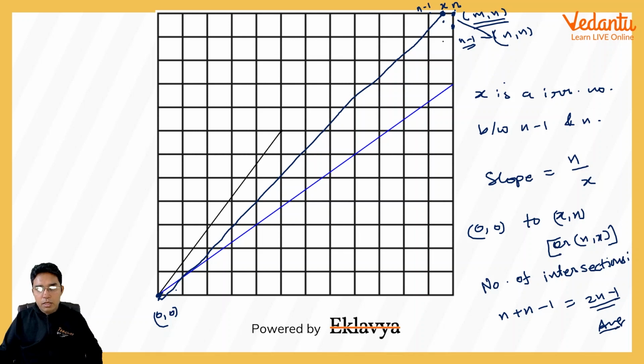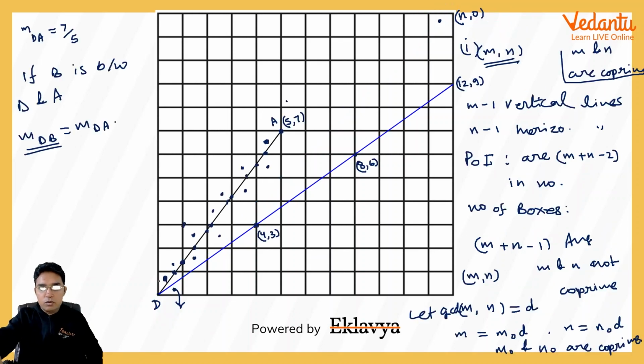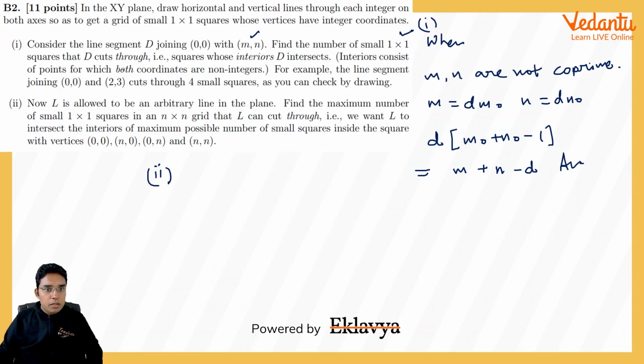Because this is going to cut n horizontal lines and n minus 1 vertical lines, and plus 1 because in the beginning itself we had an intersection with one of the boxes, or you can say this line was passing through one of the boxes. What I have called intersection, they have called cutting through, and they have explained the meaning of cutting through. So this completes this question.